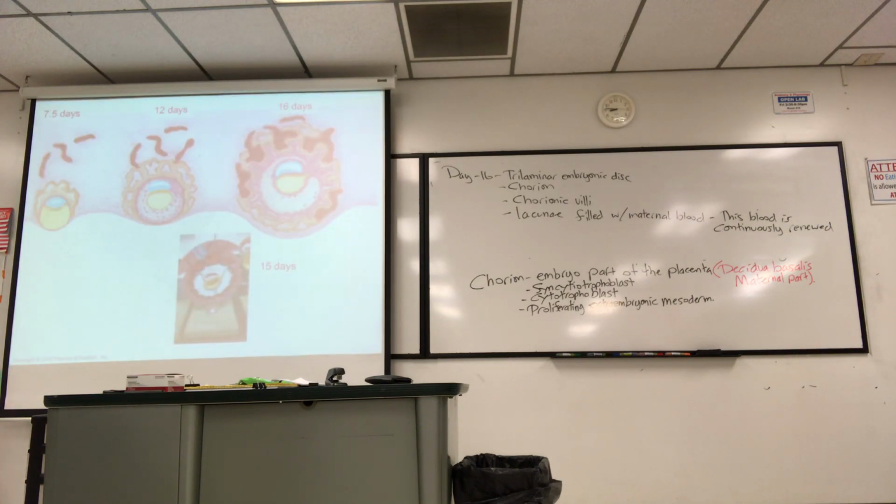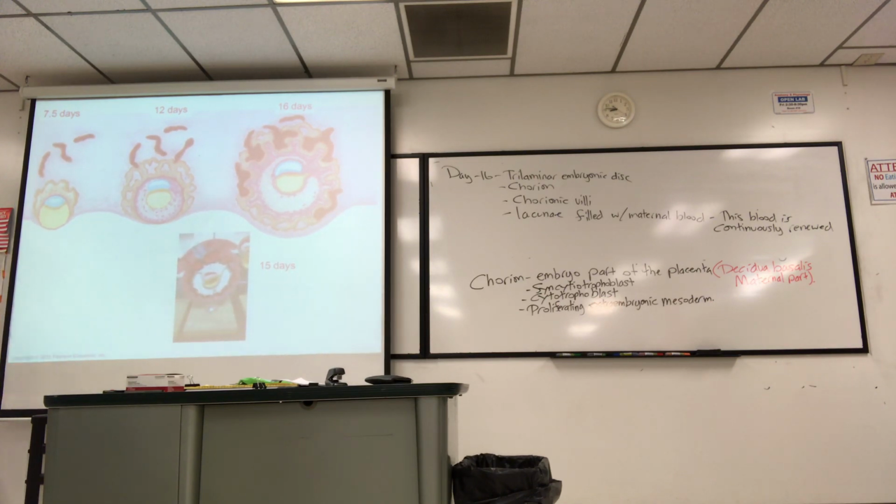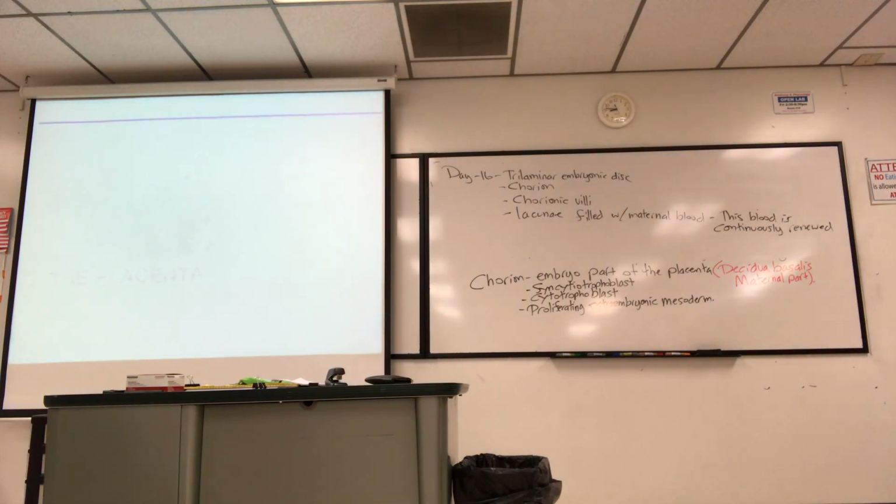We do have a model in the room that's kind of in between them. Take 15, so it's still bilaminar embryonic disc. And all the models I'm showing on the slides are labeled on the lab practical study guide. So now that we have enough development here, we can talk about the placenta, the chorion, and the decidual basalis.